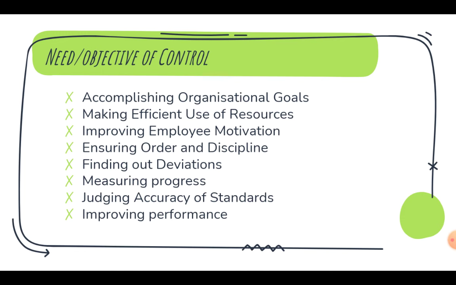Point number 2, making efficient use of resources. As we've been saying, any organization should try to make effective use of its resources, that is, no wastage in terms of material as well as costs. Controlling makes it possible to use human and physical resources efficiently. When we use the term resources, we're not only referring to physical resources like machines and money, we're also referring to human resources. So, best utilization of your human resources as well as your physical resources.